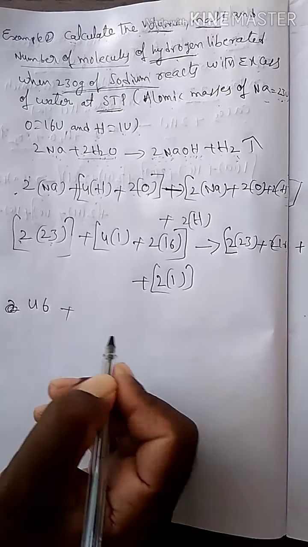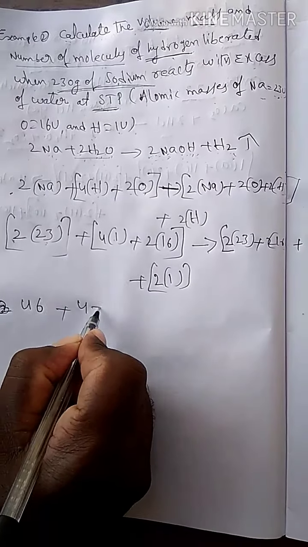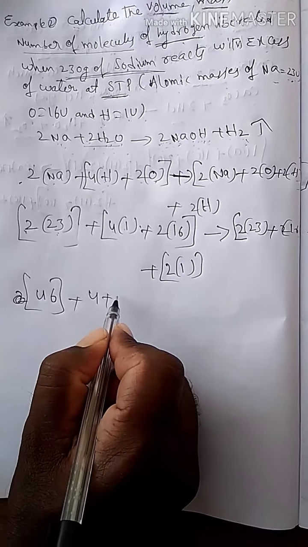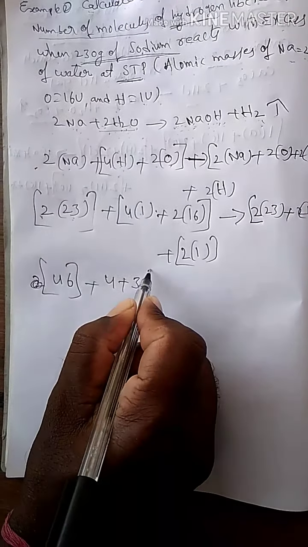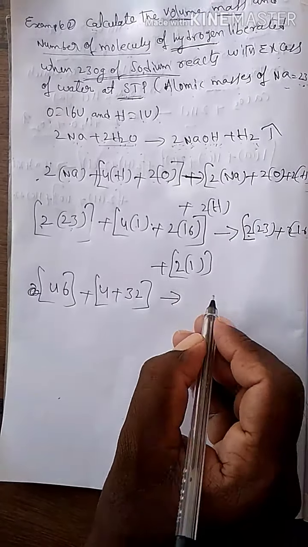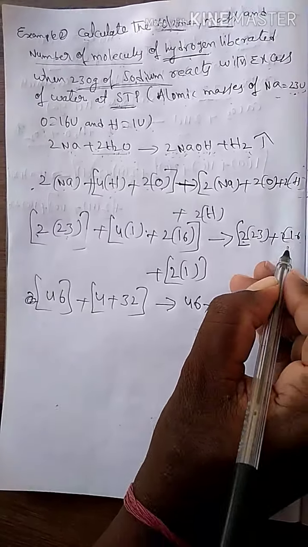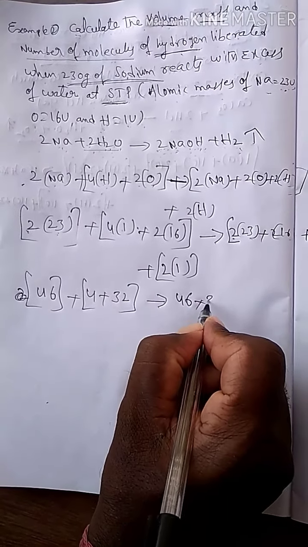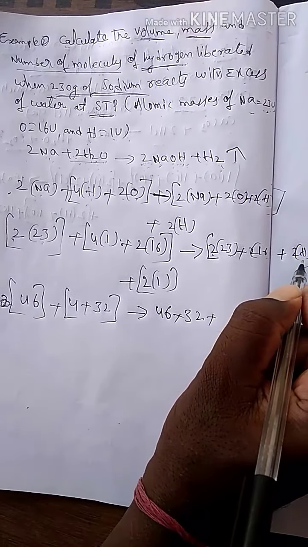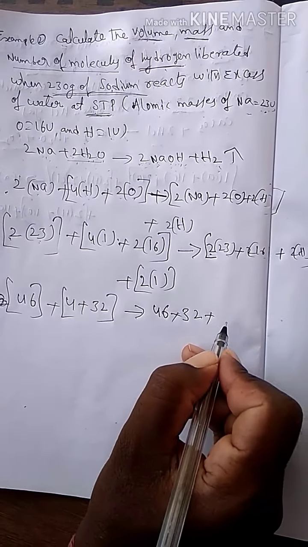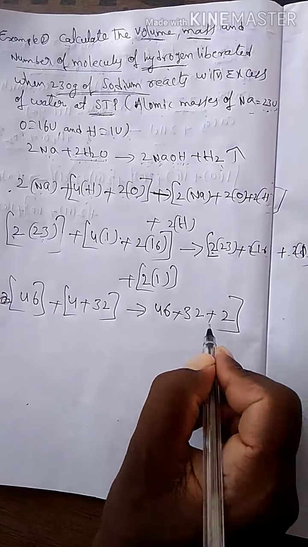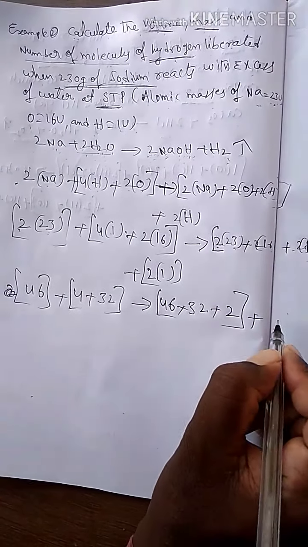Plus 4 ones are 4, plus 32 because 16 twos are 32. Gives rise to 46 plus 2 into 16, 32, plus 2 into 1, H value is 1, so 2 into 1 is 2. This compound is also over. Plus 2 ones are 2.